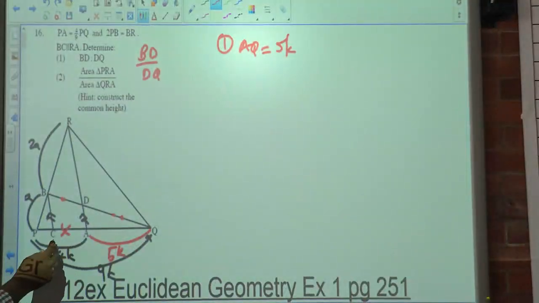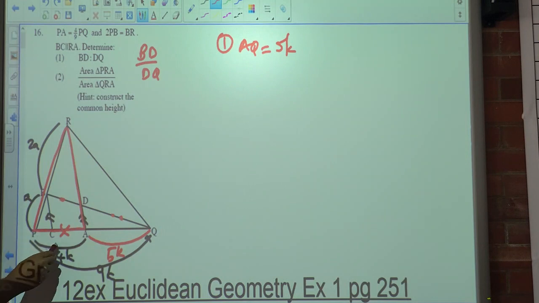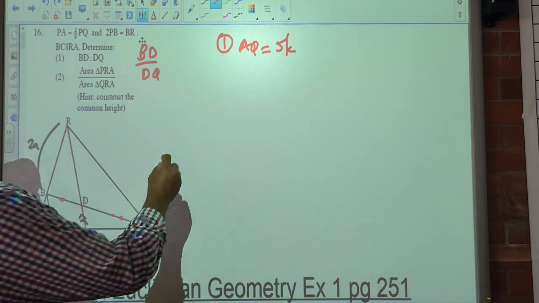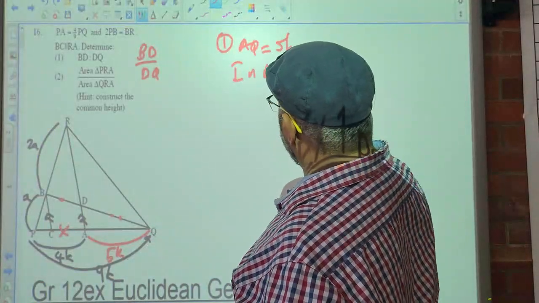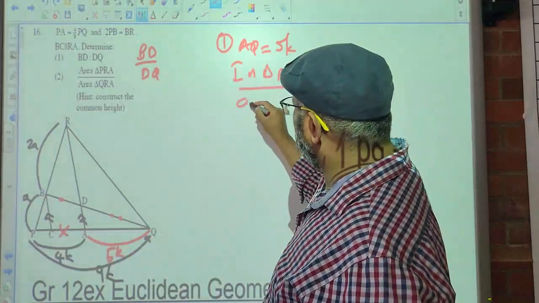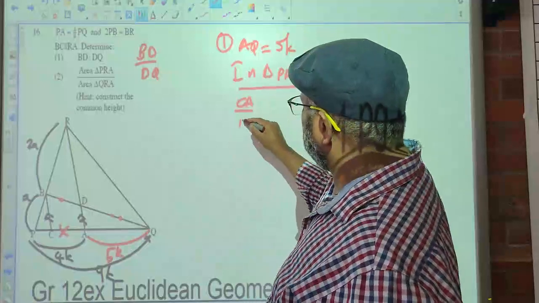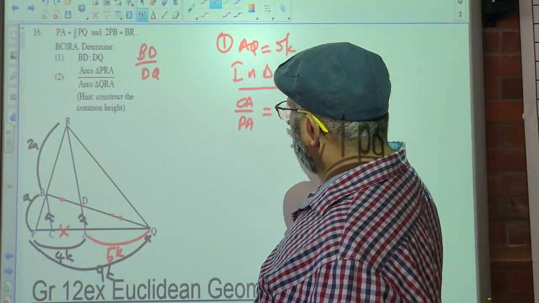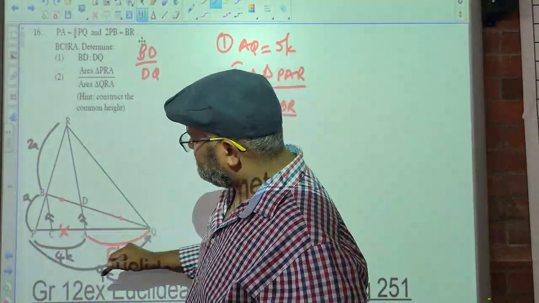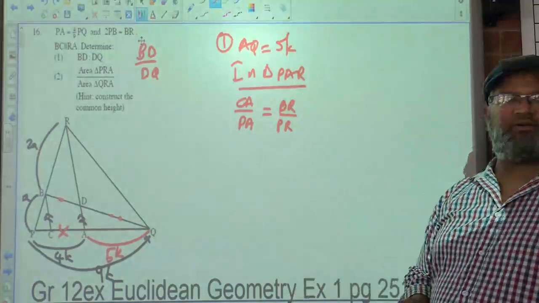So now we say, okay, in this triangle here, what can I say? CA over PA. Why PA? We have the whole length. So it's going to be CA in triangle PAR. You're going to say CA over PA is equal to BR over RP. You all agree with that?